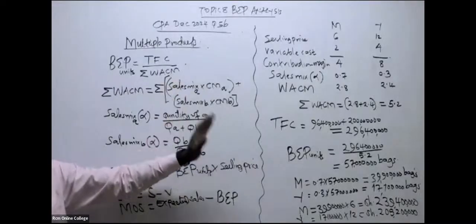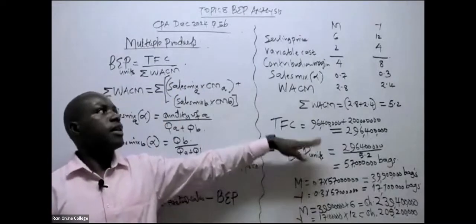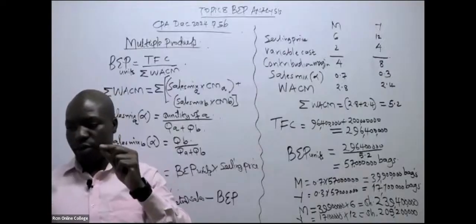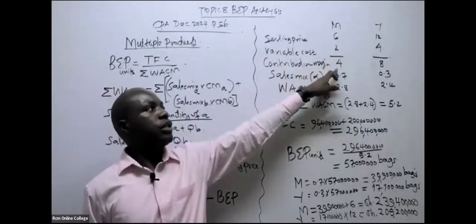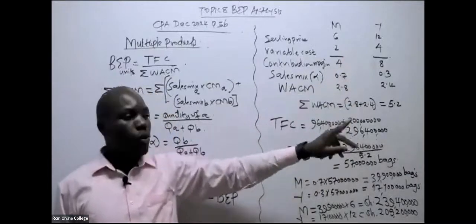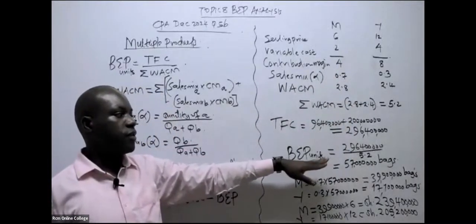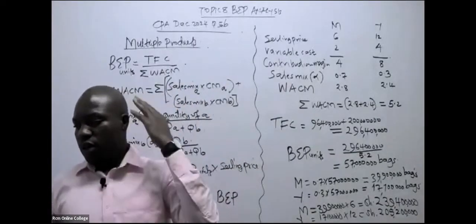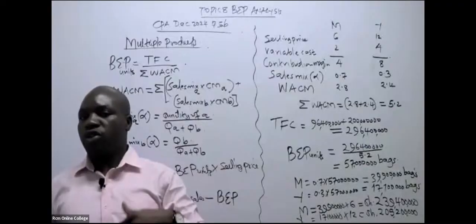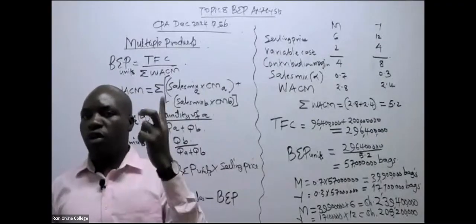That's how you're supposed to do your calculations for the break-even point in units. Now, when dealing with multiple products, the selling price is not the same and the contribution margin will not be the same. That's why we have to get the break-even point in units first. Once we have it, we use the sales mix ratio to distribute these units to the individual products.